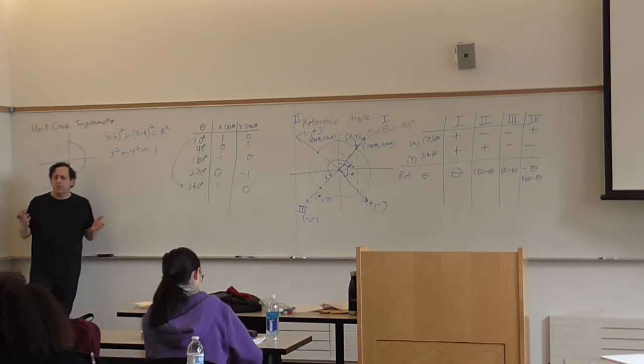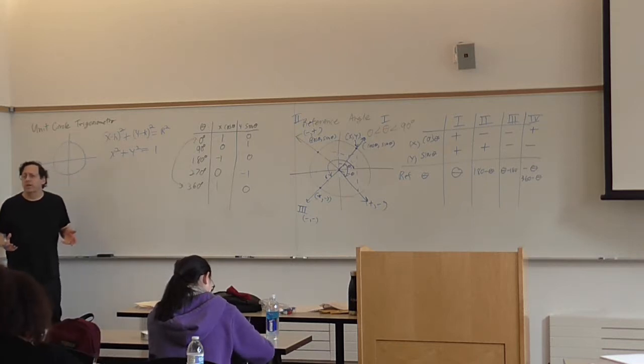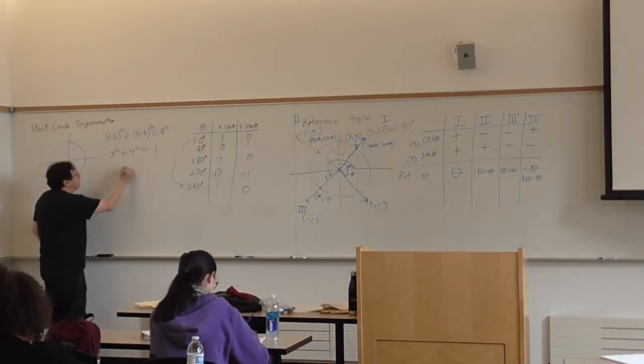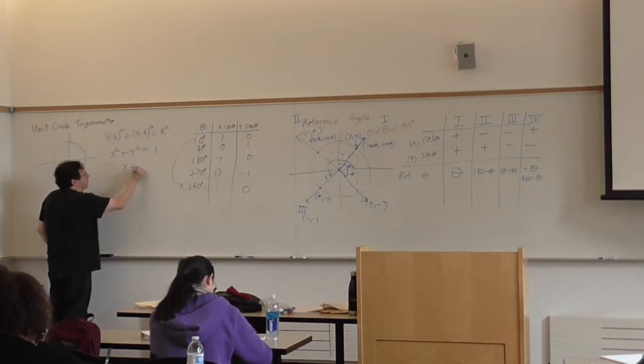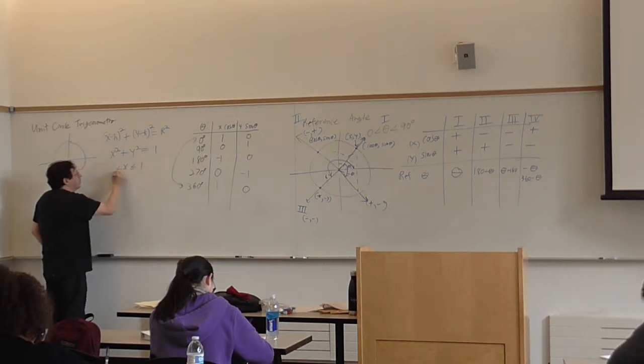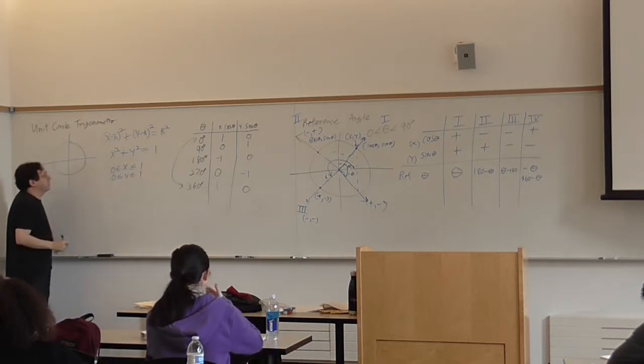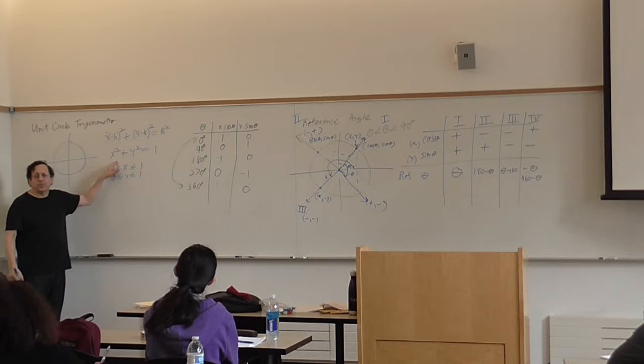Okay. So that tells me something right away, which is x and y are both limited, right? X has to be less than or equal to 1, and y has to be less than or equal to 1 as well. Why? Well, we're squaring these.